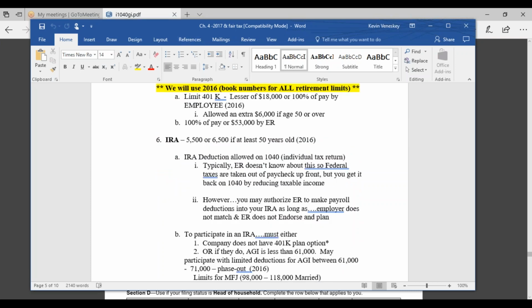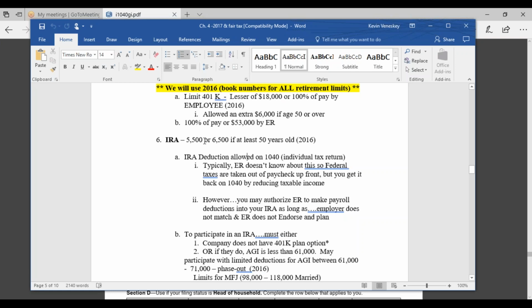So we talked about the 401k, how much you're allowed to put aside, up to $18,000. The IRA, we'll look at this here. You're allowed to put aside $5,500. If you are at least 50 years old, you can put away another $1,000 on top of that, so up to $6,500. This IRA deduction is actually a deduction you take right on your return. It is a 1040 deduction.